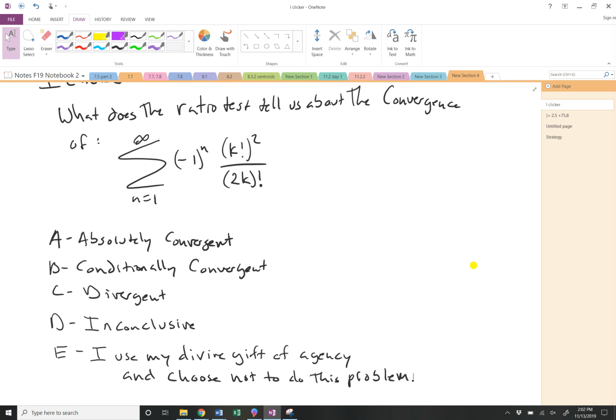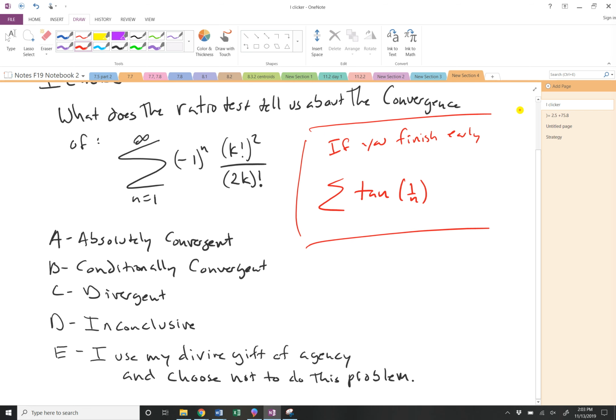So take a couple minutes. You can work on that problem, and if you finish that one, perform the ratio test.